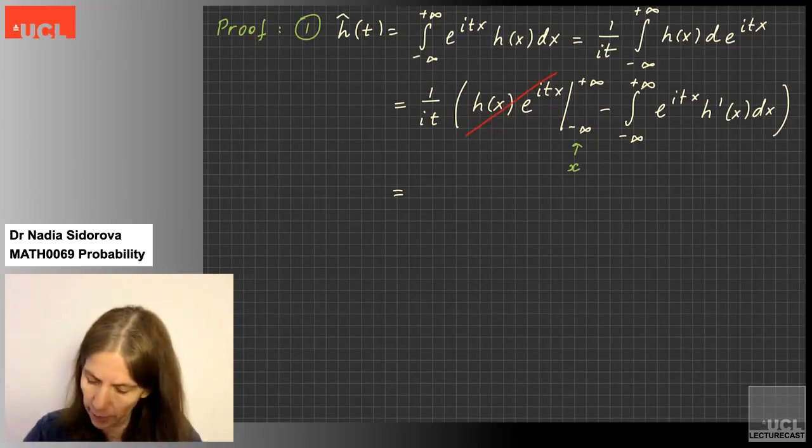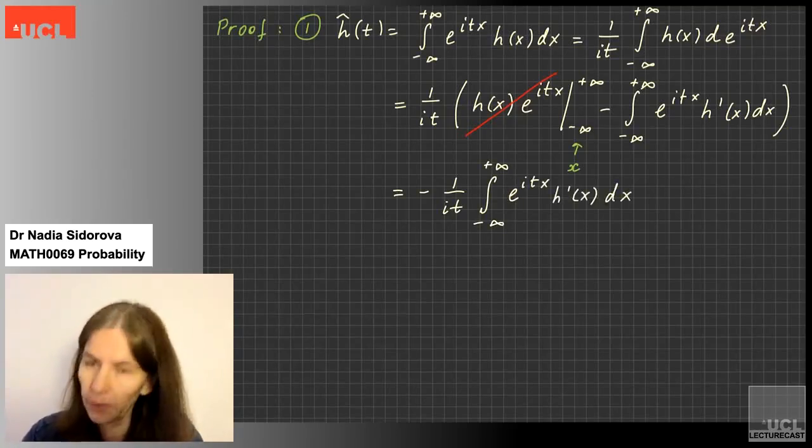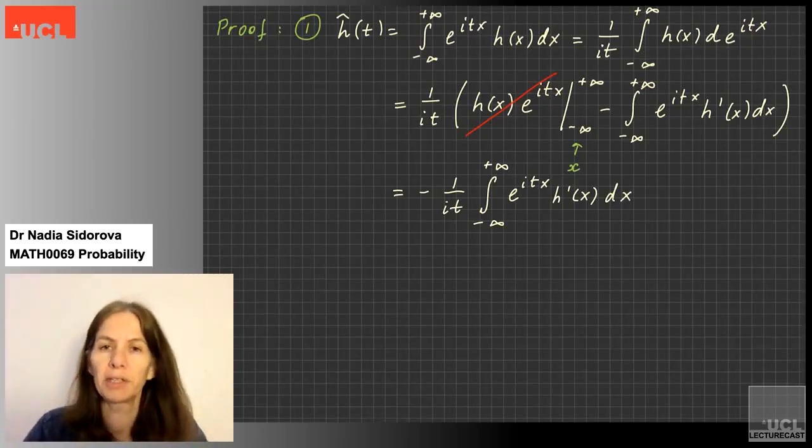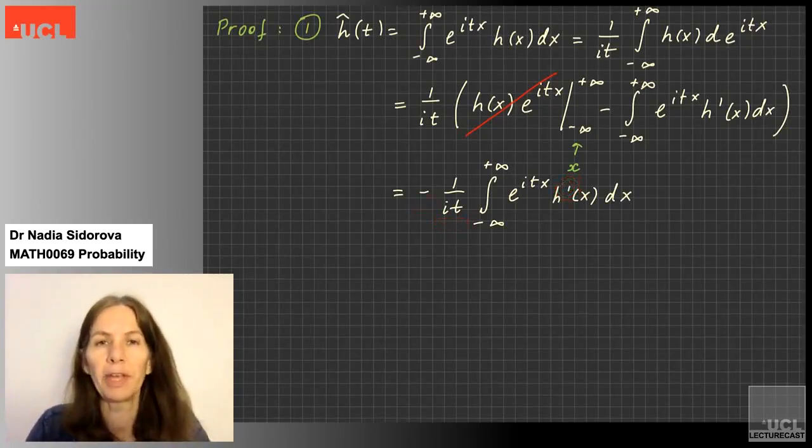And we are left with this factor, and otherwise very similarly looking terms to our original one. The only difference being that now we have this extra factor, the minus sign, and the derivative of h instead of h.